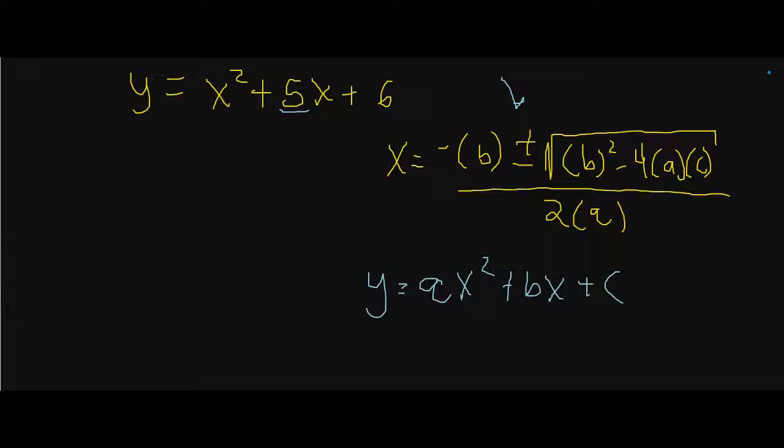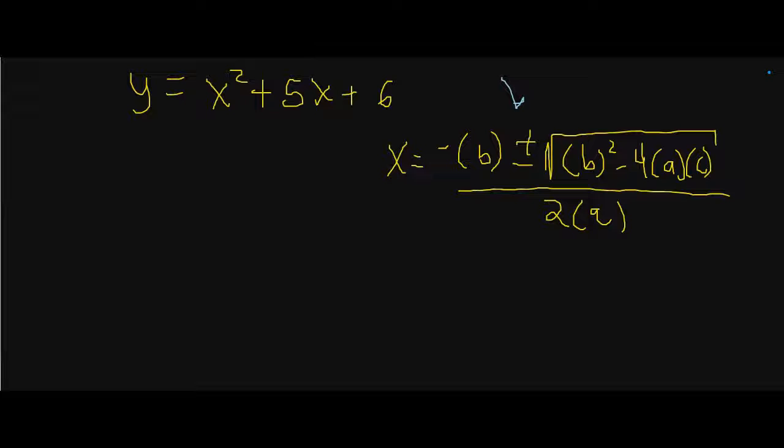Here's 5 for B, and here's 6 for C. Well, if we change this into vertex form, and then we set the y value to 0, and then just by simplifying, we actually get to this equation over here. So that's where the equation comes from. It's just changing this into vertex form, then solving for it. But again, we're not going to do that. That was just for you to understand where maybe this formula comes from.